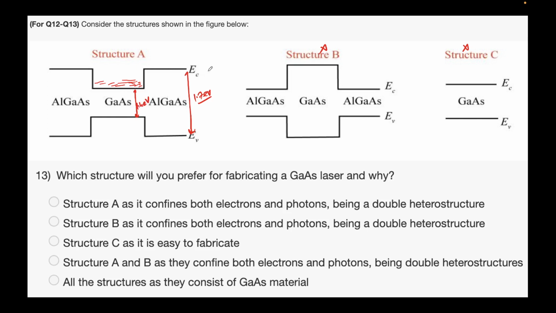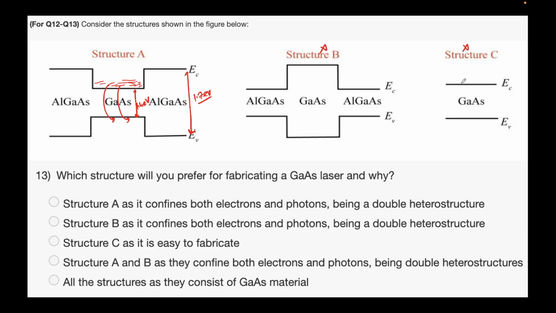They'll get reflected from elsewhere if you have a reflective coating. All the photons released when electrons drop down will be amplified much better in this case, because all this 1.4 eV light is available only to the gallium arsenide material, not other materials. Which is not the case here.